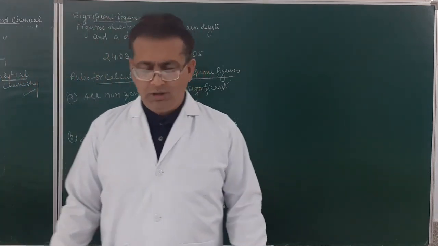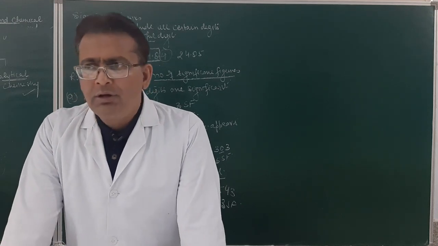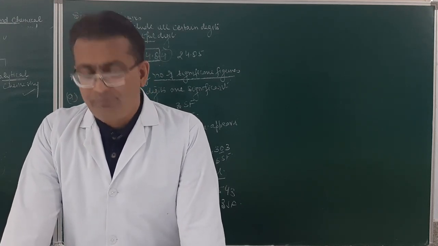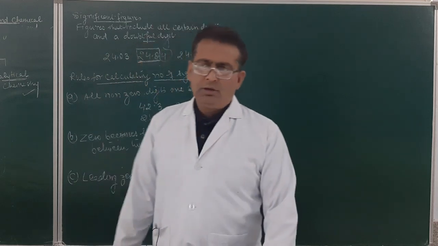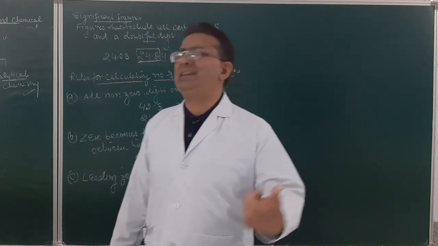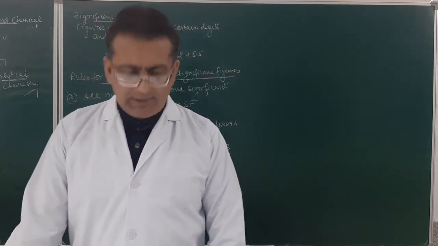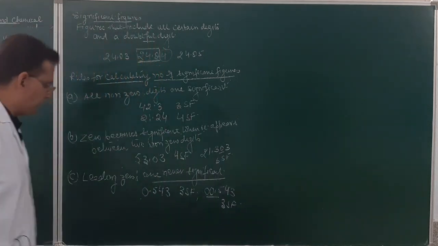Remember one thing. If the zeros are trailing zeros and written to the right of the decimal, they are considered significant figures.